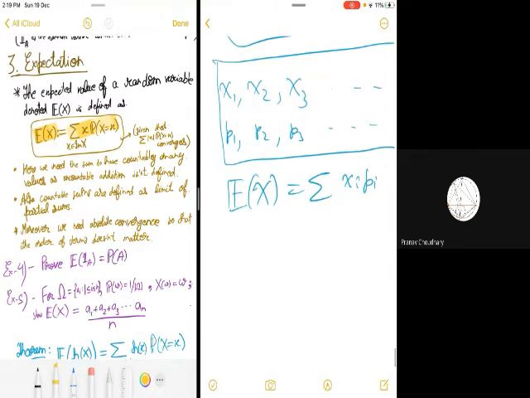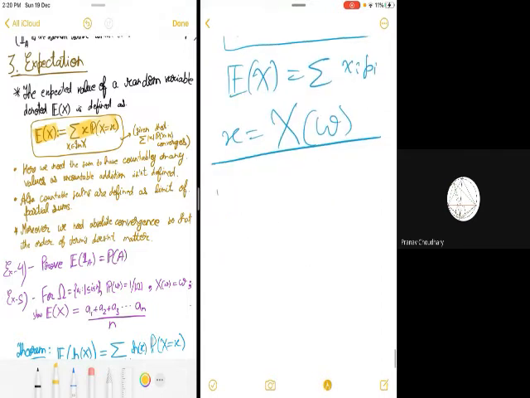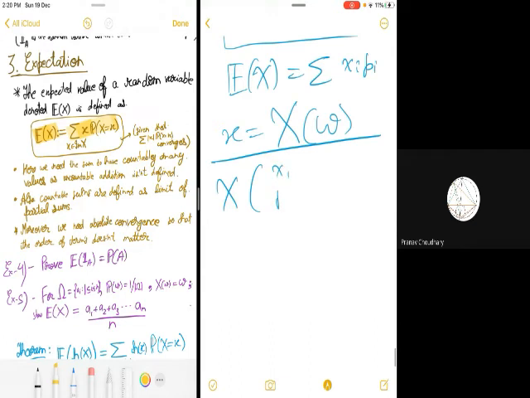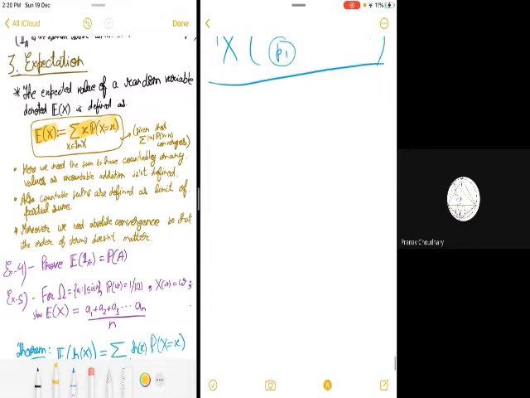This is because small x will be the capital X of some omega, and we are summing over small x belonging to the image of capital X. Suppose that capital X takes the value x1 with probability p1, then this sum counts x1 times the probability that X is x1, which is precisely p1, and so on. So these two definitions are the same.